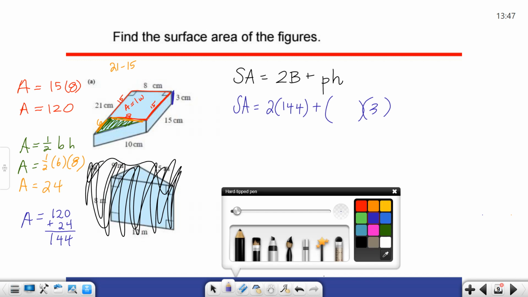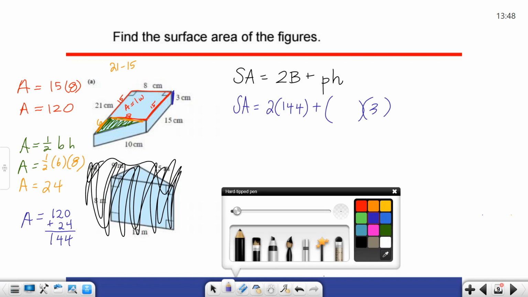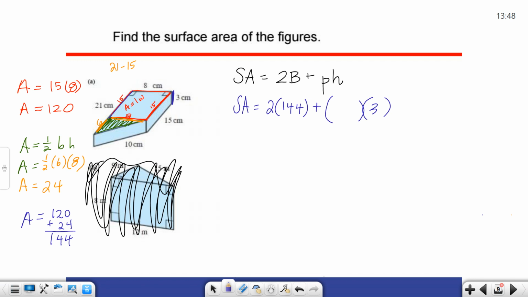Now all we have to do is go back to that shape on the top. Let's see, we'll just use a basic color blue. If I go all the way around, I get 21 on this side. I get 8 on this side.